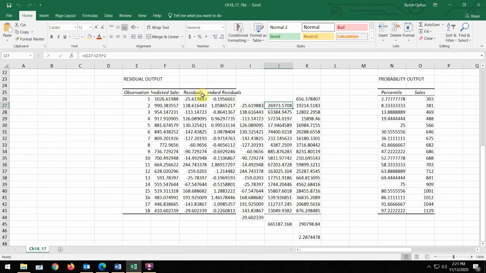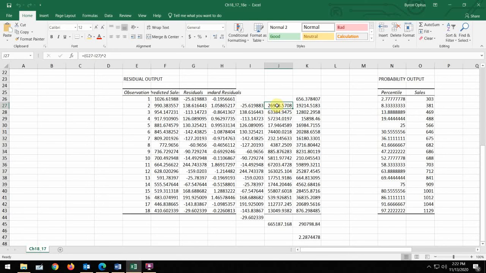So here's what we do. First, we have to calculate the square of the difference between the residual and the error. In this case it gets to be a little bit weird because we're going to minus a minus. So here's our equation.